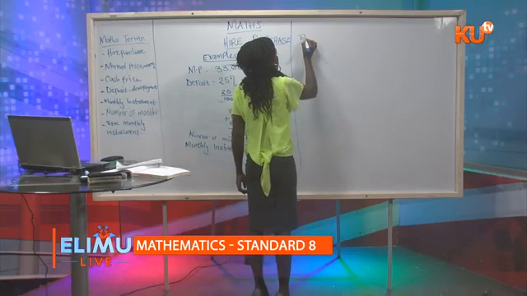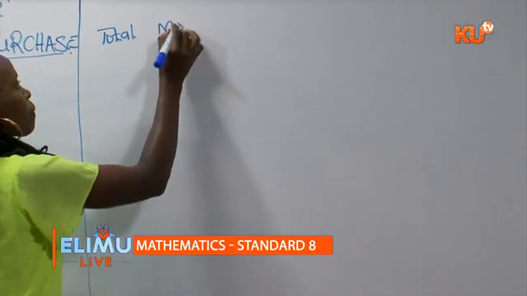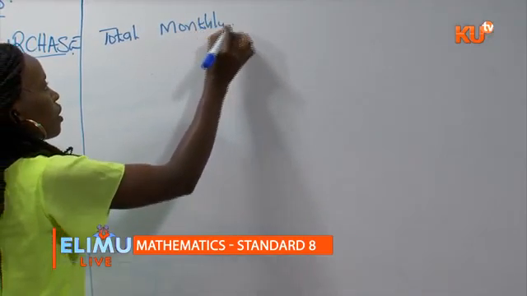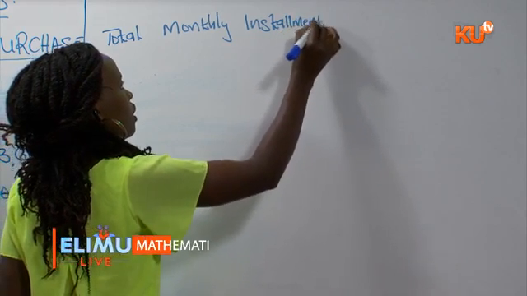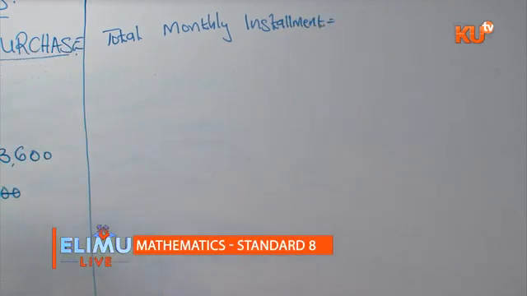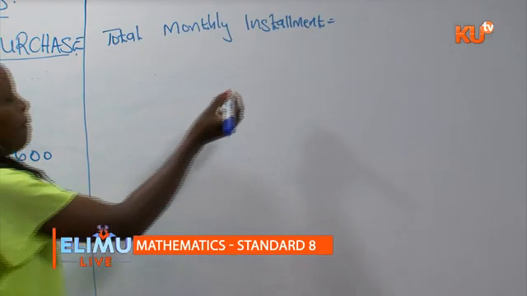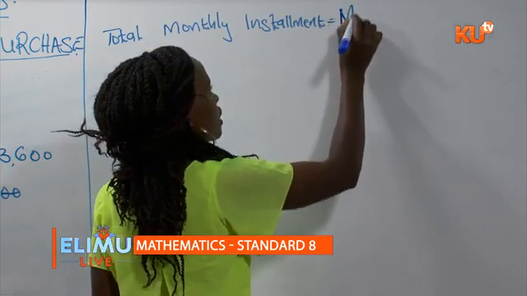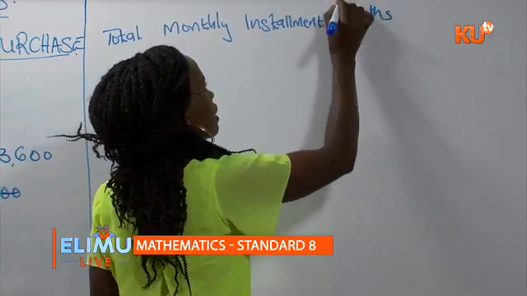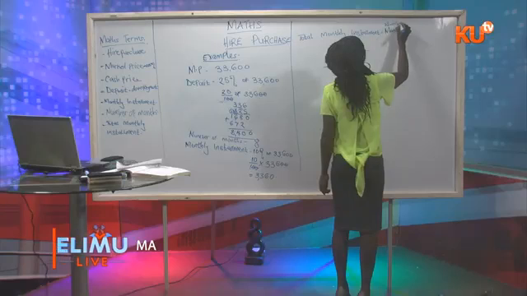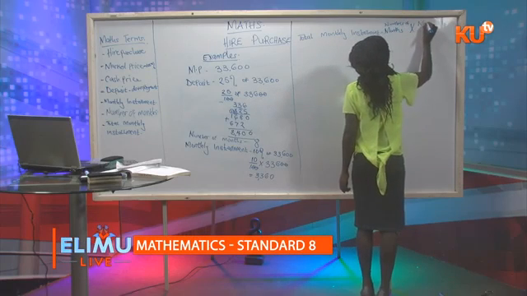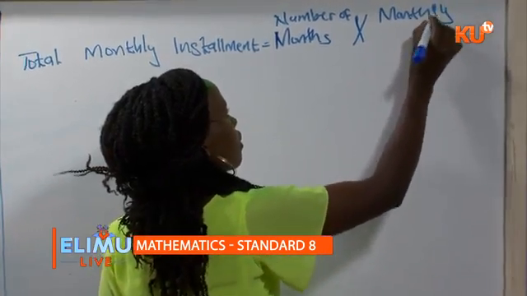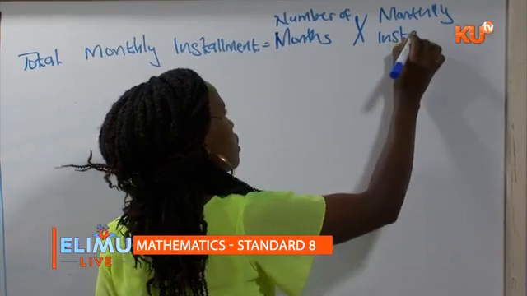To get the total monthly installment, you're supposed to take the number of months times the monthly installment.